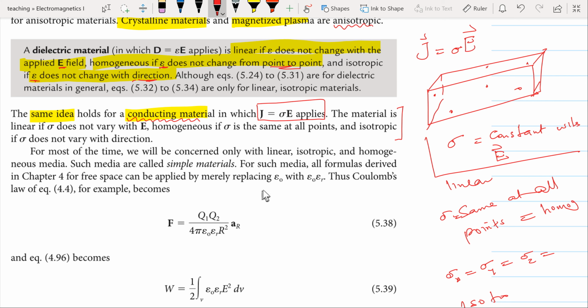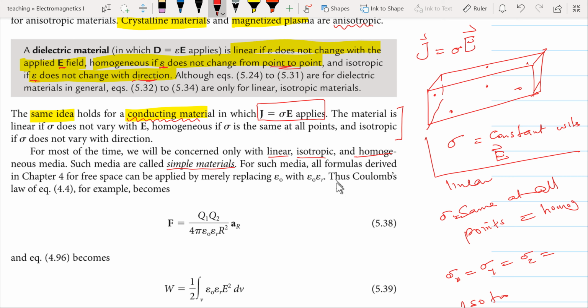We also observe that most of the time we'll only be concerned with linear, isotropic, and homogeneous material. We will not concern ourselves with anisotropic material, inhomogeneous media, or non-linear media. So we are going to be dealing with such materials, and these materials are said to be simple materials.